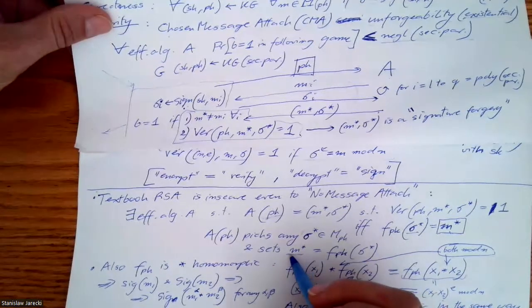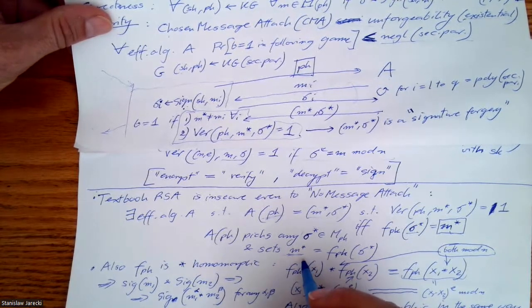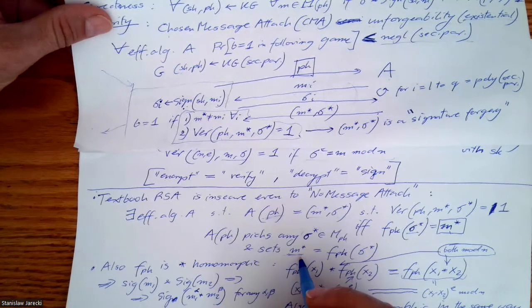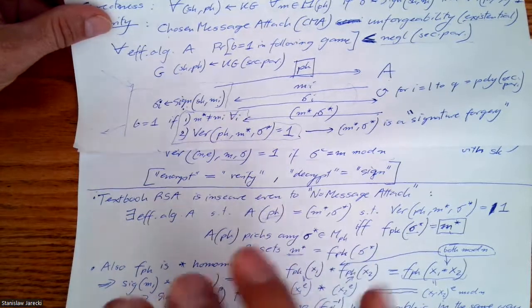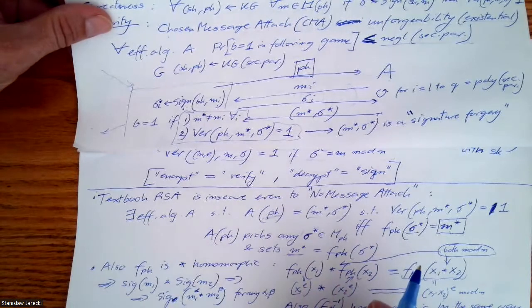In practice, you would like to sign something useful, right? And if that something useful was somehow massaged so that a signature on a useful thing would have to be a signature on a random challenge thing. So a valid message is encoded in such a way that it's a random point in the domain.